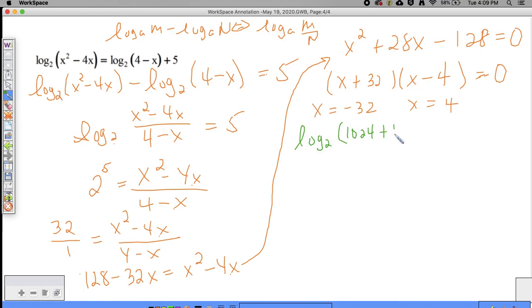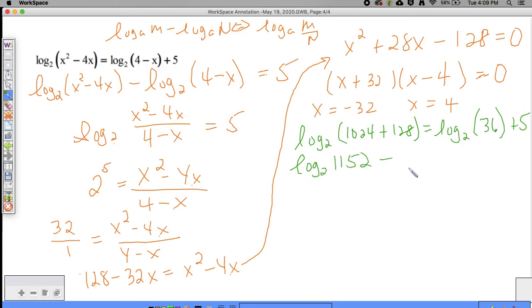So this becomes plus 128 is equal to log base 2 of 4 minus a negative, you guessed it, is a positive, 36, plus 5. So now we have 1024 plus 128, and we get 1152. So I have log base 2 of 1152.